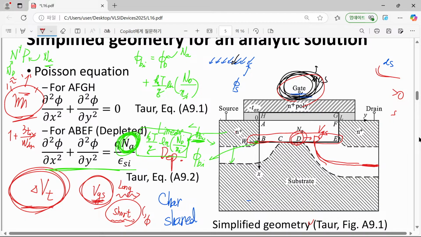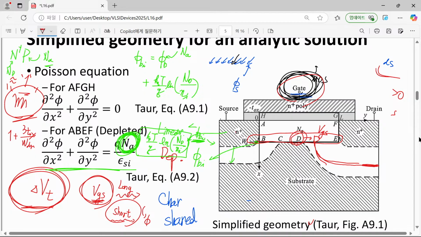Initially we have a very complicated problem, but by introducing some reasonable approximations, we were able to get a much simplified model. Although it is simplified, it still captures the physical essentials of this problem.